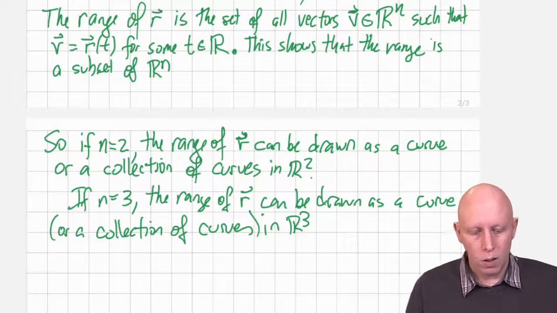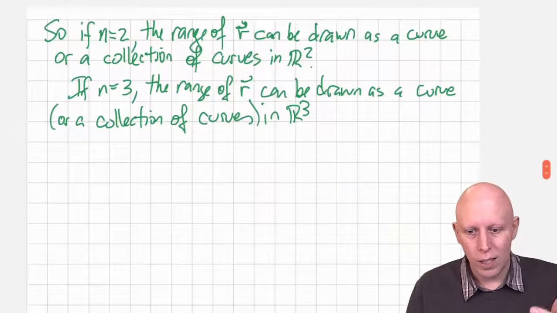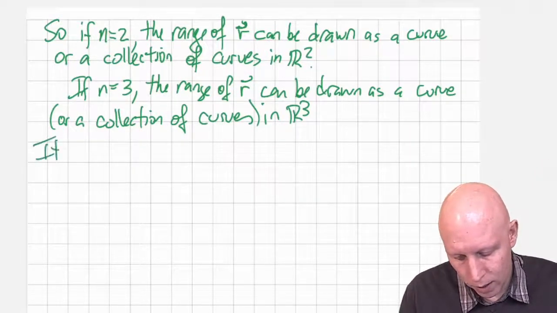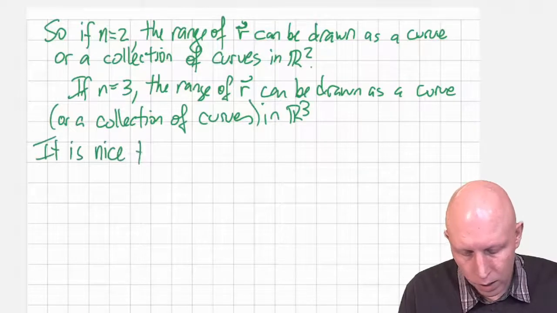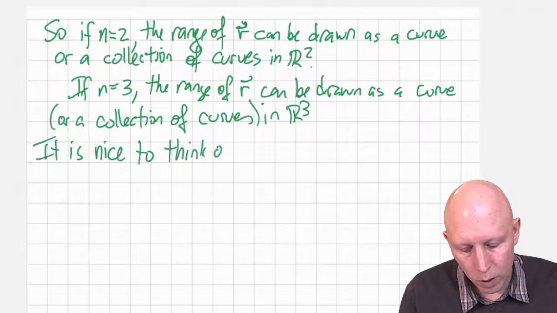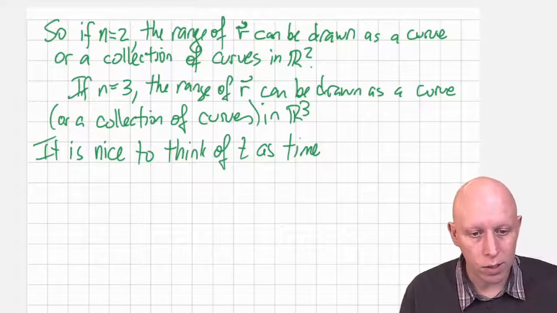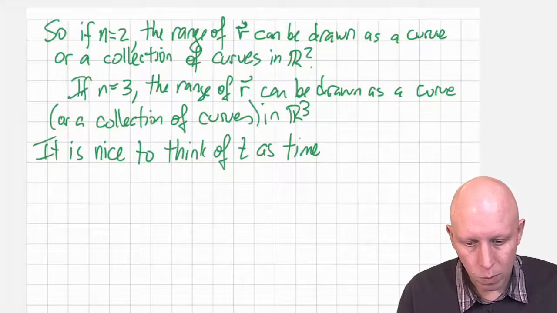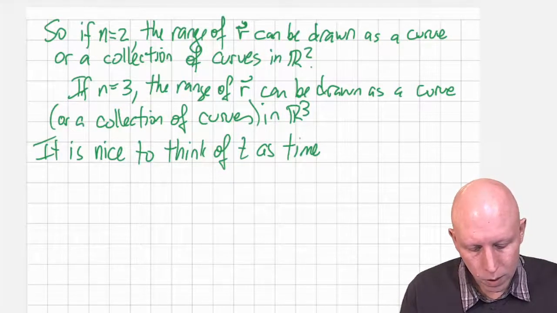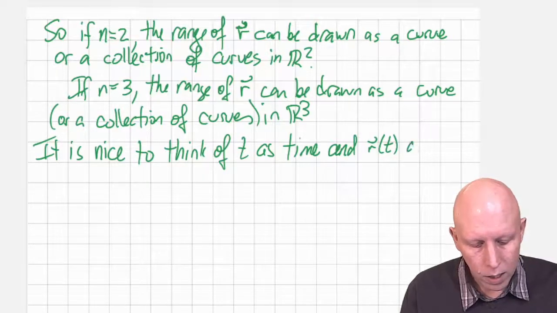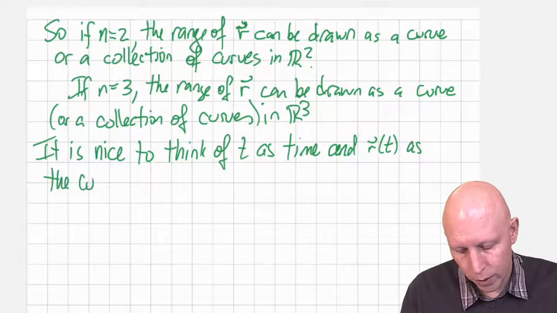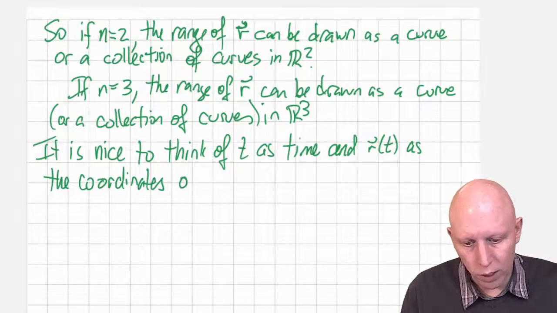And so it's nice to think of t as time. And I think that's why we use t instead of some other variable. So it's nice to think of t as time, and R of t as the coordinates of a particle moving in time.